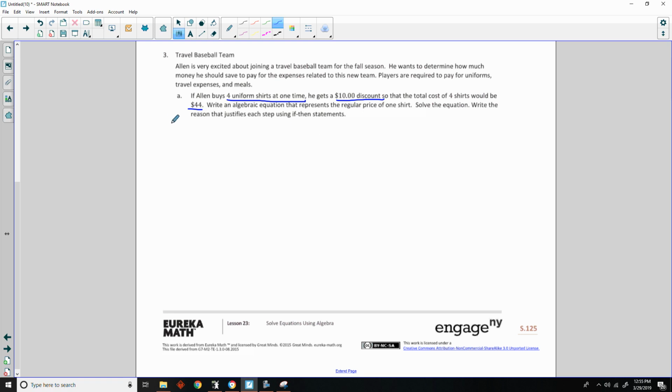Okay, so first of all, we want to let a variable equal something. So let S be the cost of one shirt. Okay, S is the cost of one shirt.